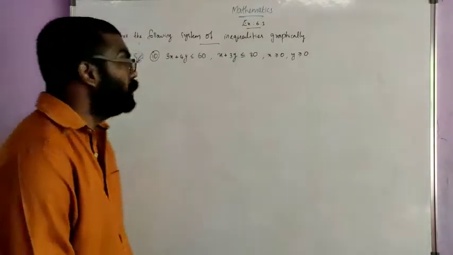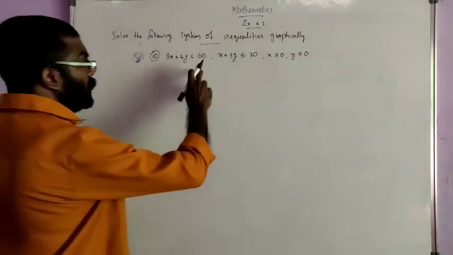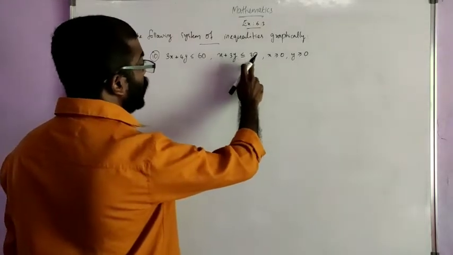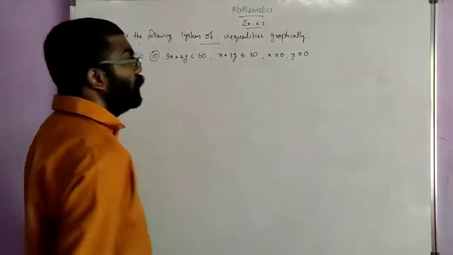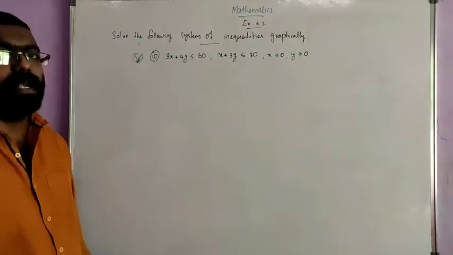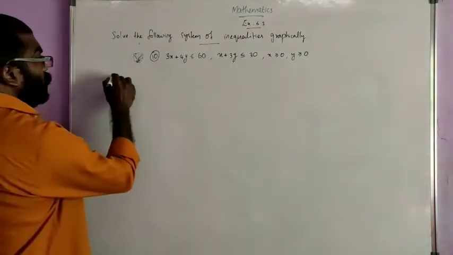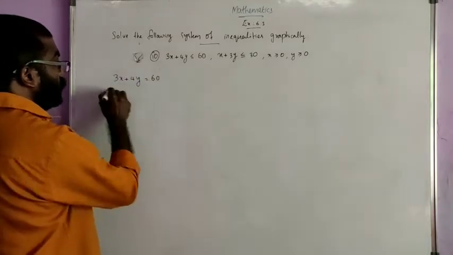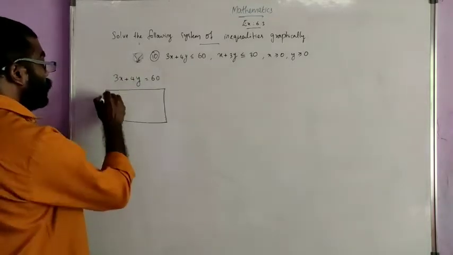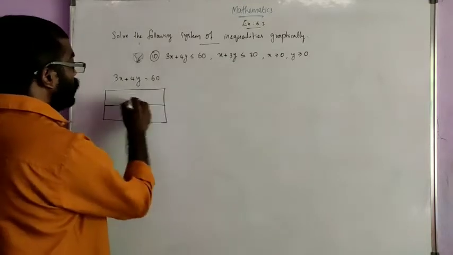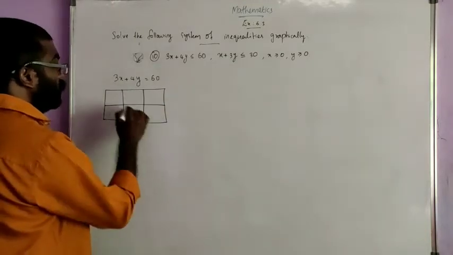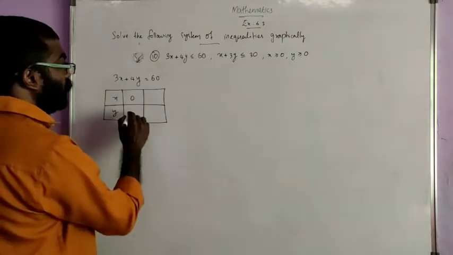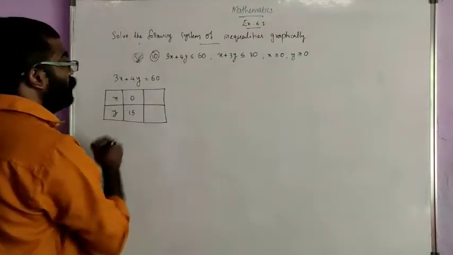Here the next question is 3x plus 4y less than or equal to 60, x plus 3y less than or equal to 30, x greater than or equal to 0 and y greater than or equal to 0. First we can take 3x plus 4y equal to 60. When x equal to 0, y is equal to 60 by 4, that is 15.